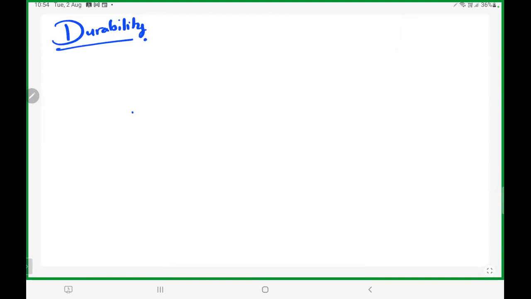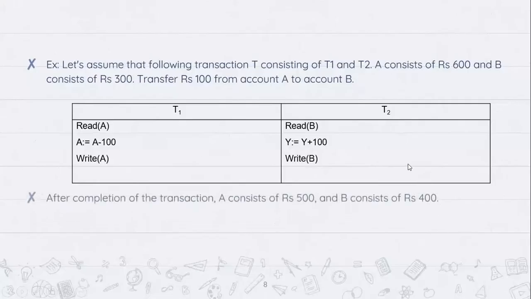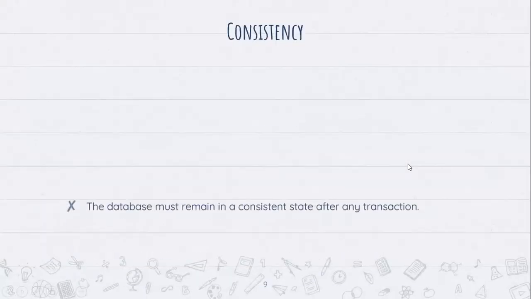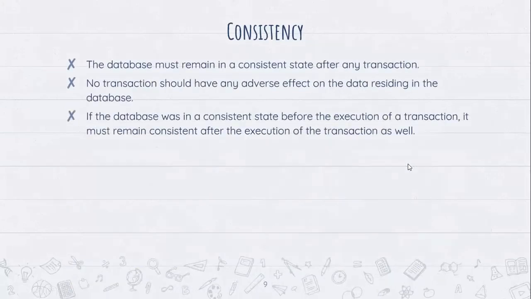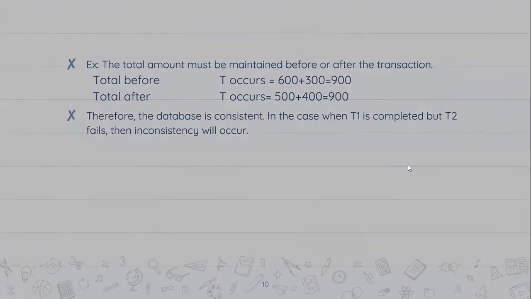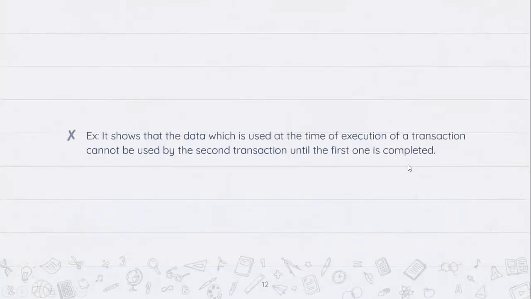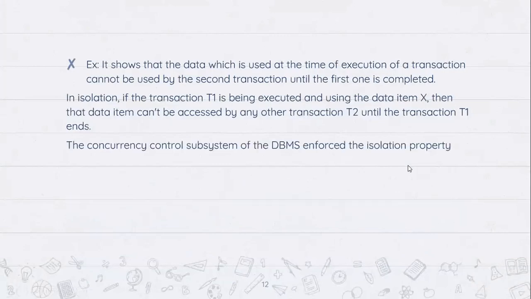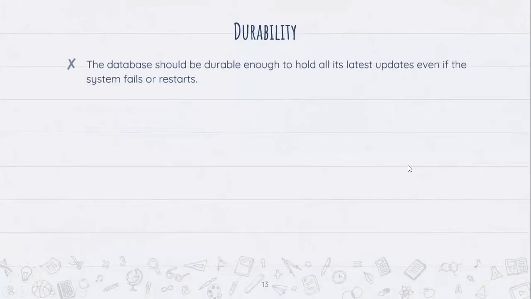Let's discuss this from our presentation. You can read all the things available in the presentation. The database should be durable enough to hold all its latest updates, even if the system fails or is restarted.